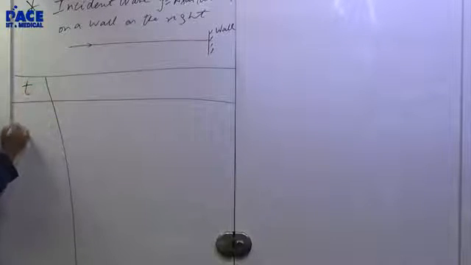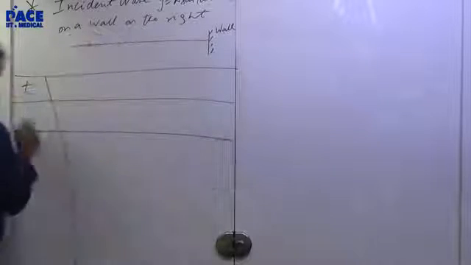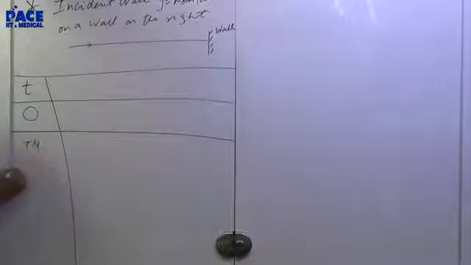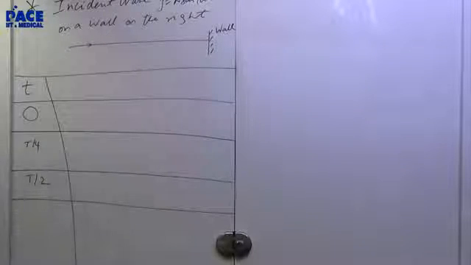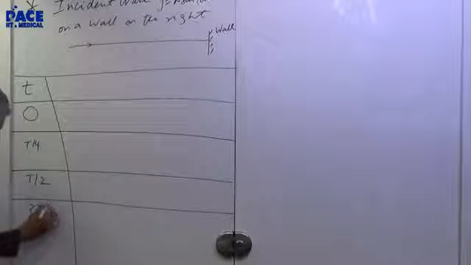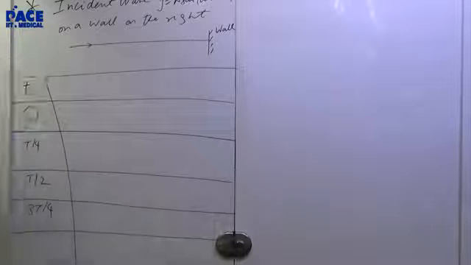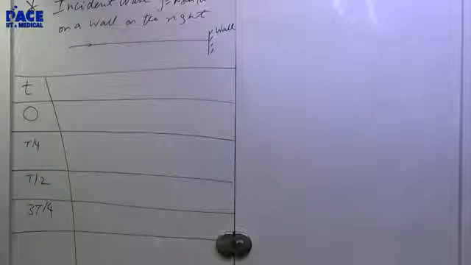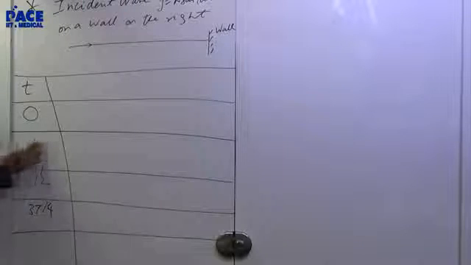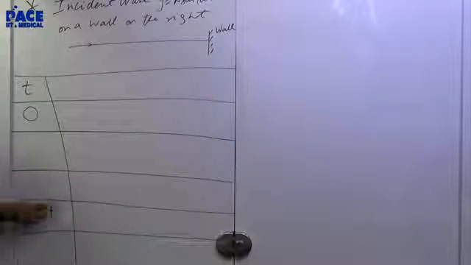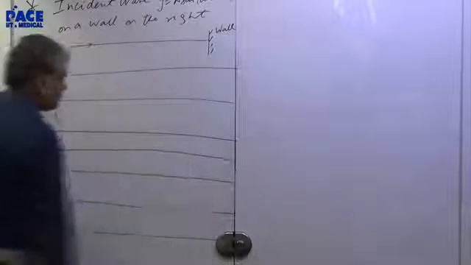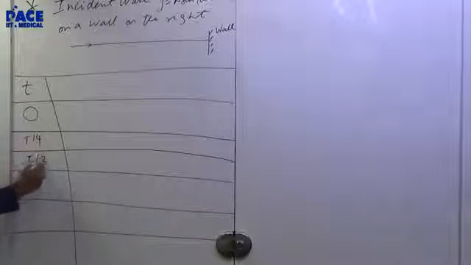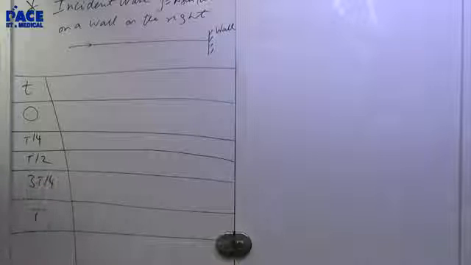This is t equal to 0, t equal to T by 4, t equal to T by 2, 3T by 4, and finally T there. I'll create one more gap here.